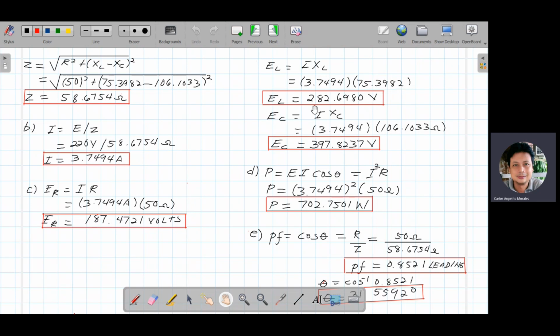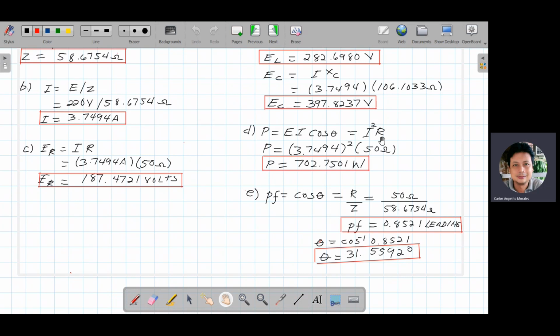Yung inductive reactance, makakuha ka ng 282.6980 volts. Yung capacitive voltage is I times XC, makakuha ka ng 3.7494 times 106.1033 ohms. So, ang capacitive voltage ay 397.8237 volts.